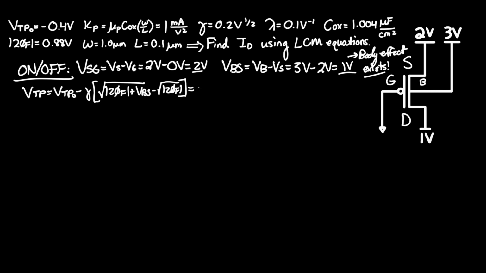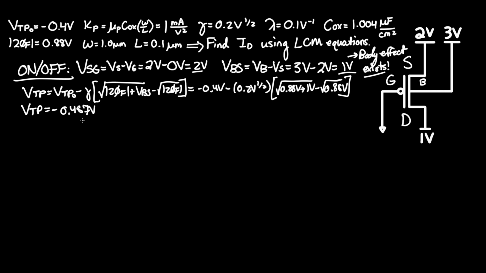Plugging in the values, we put in negative 0.4 volts minus gamma, which is 0.2 volts to the 1/2. Multiply that by square root of 0.88 volts plus VBS, which we found to be 1 volt, minus square root of 0.88 volts again. Putting this in the calculator, you get VTP equal to negative 0.487 volts.